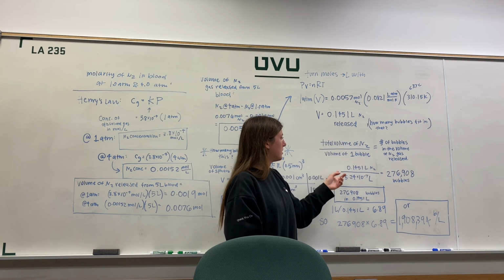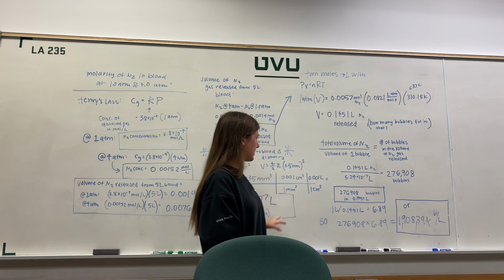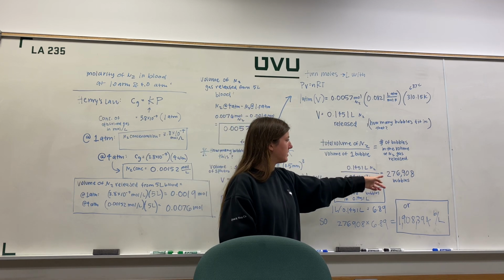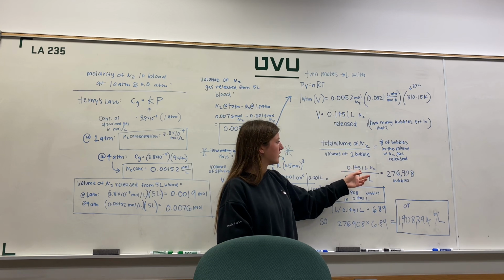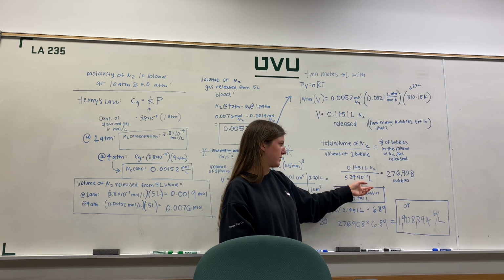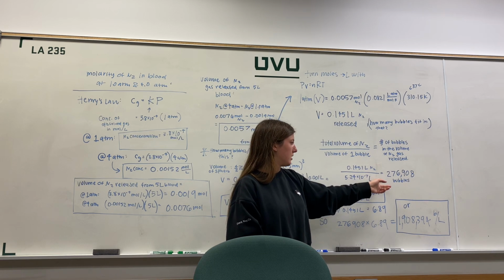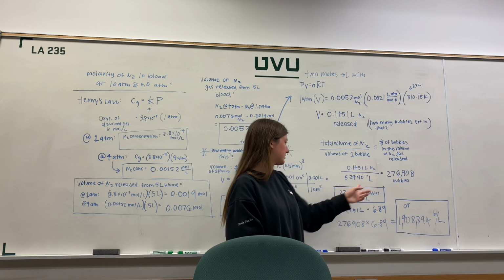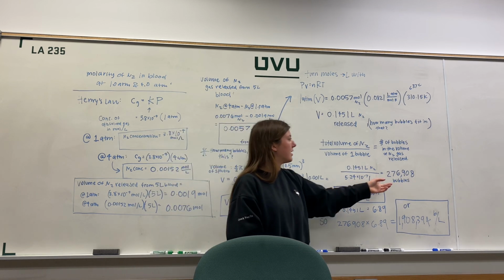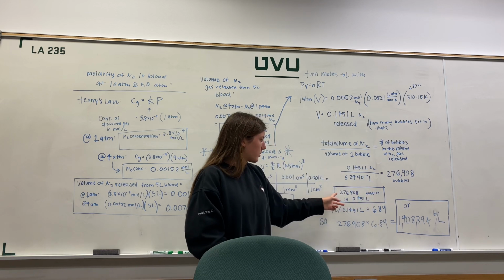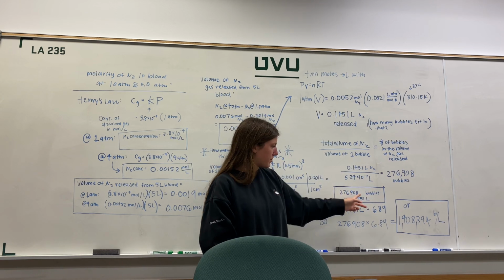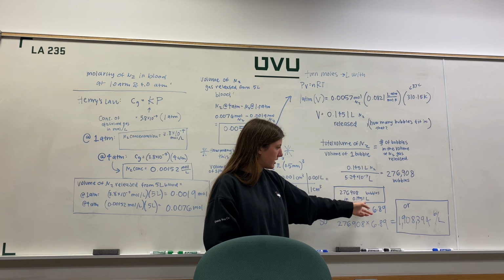So you plug those values in: 0.1451 liters of nitrogen gas divided by 5.24 times 10 to the negative 7 liters of nitrogen, like one bubble, is 276,908 bubbles. So we know that we have 276,908 bubbles in 0.1451 liters.